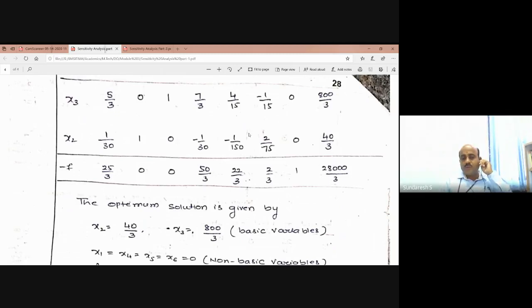So you're going to get 5 by 3, 0, 1, 7 by 3, 4 by 15, minus 1 by 15, 0, 800 by 3. This is the operation of old element divided by pivot element.